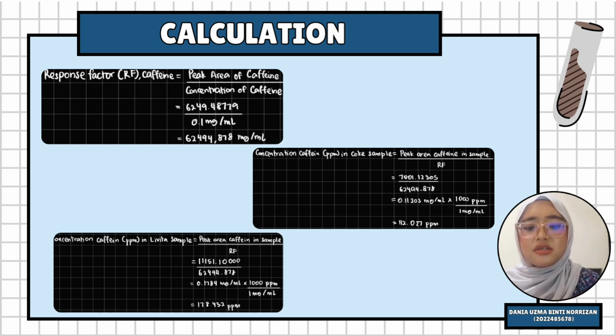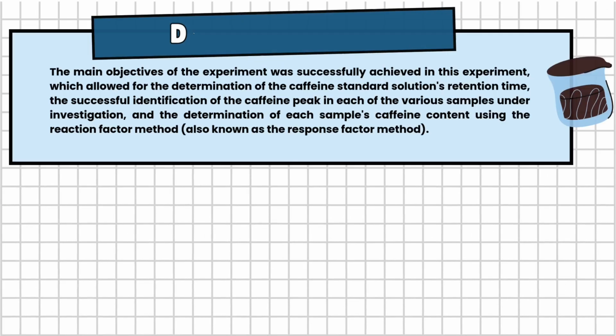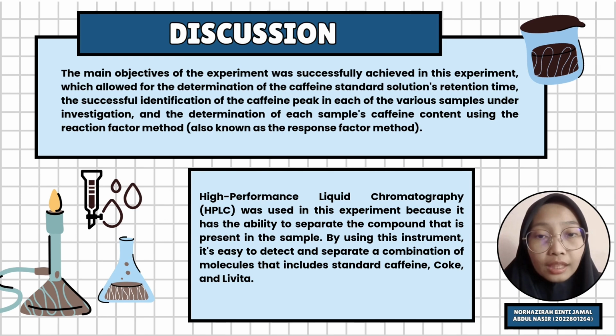We're going to use the response factor to calculate the concentration of caffeine in the Coke and Levita samples. For the Coke sample, we have 112.027 ppm. And for the Levita sample, we got 178.432 ppm.